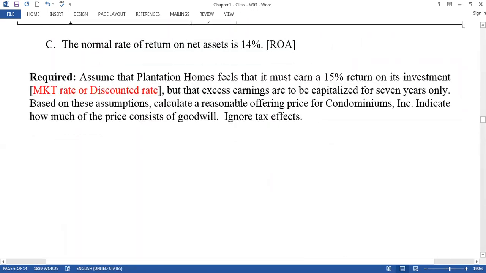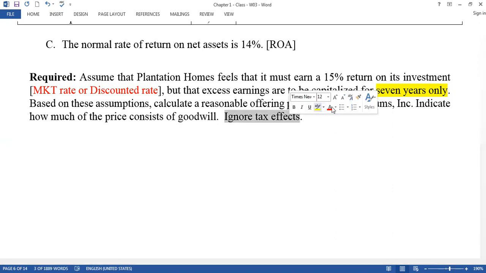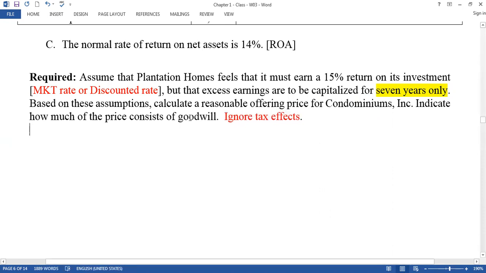It is mentioned here that the excess earnings are to be capitalized for 7 years. 7 years means we have to calculate the present value of an ordinary annuity to estimate the goodwill. Ignore the tax effect; we are not going to consider the tax effect. Then we are going to calculate how much price we should expect to pay them.